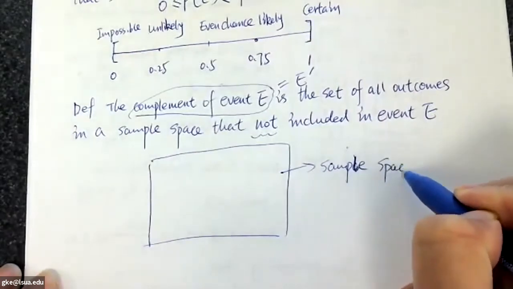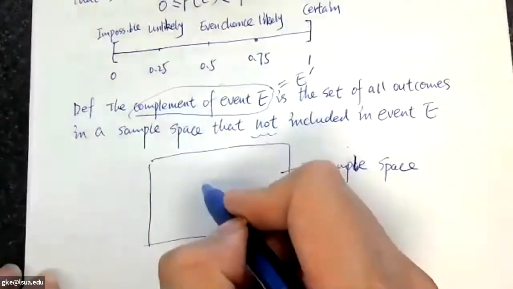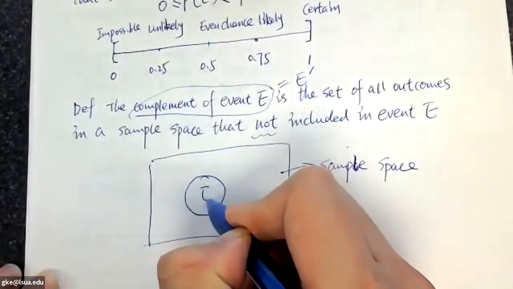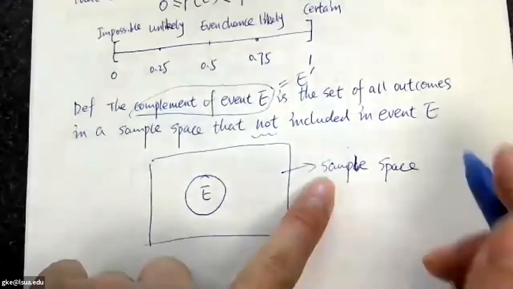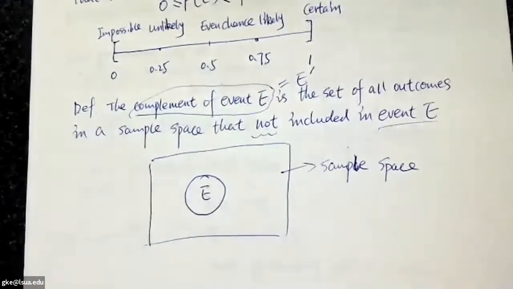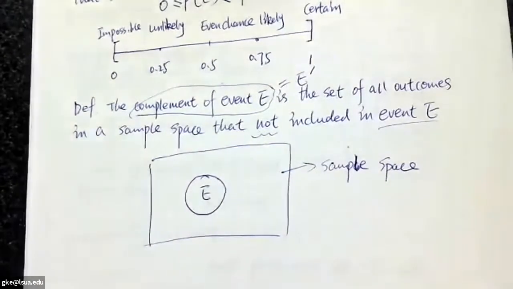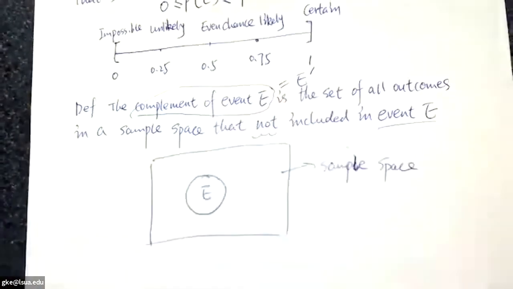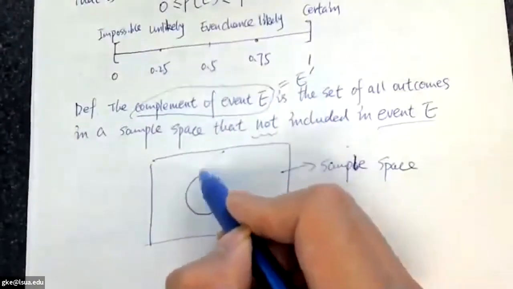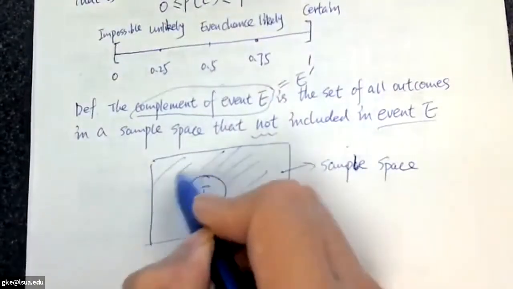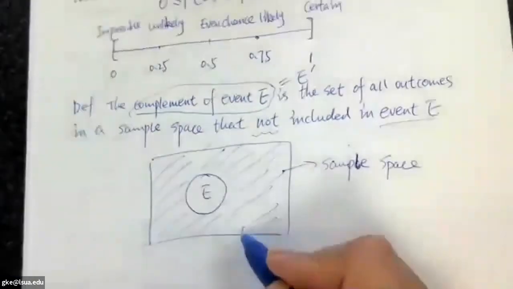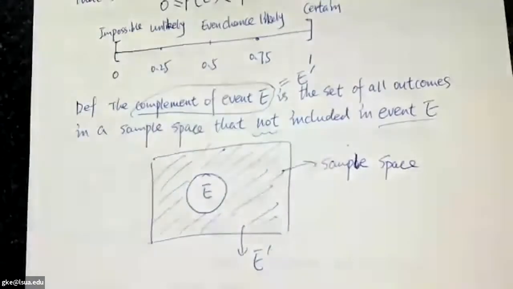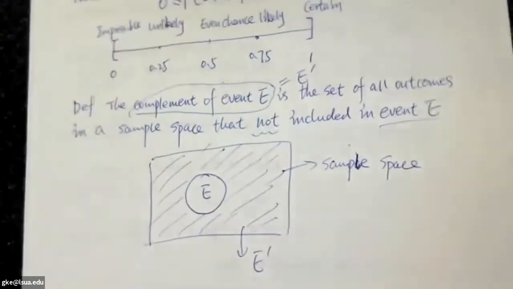And of course, we use a circle to represent the event E. Okay, event E. How about the complement of event E, or E prime? That means the shaded places. Okay, by definition, that is E prime.